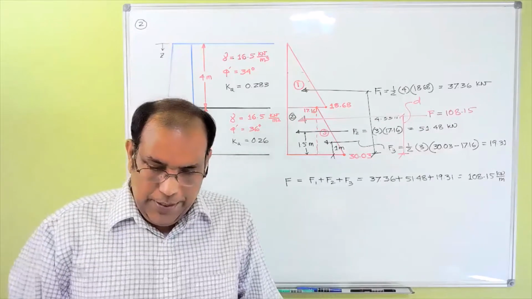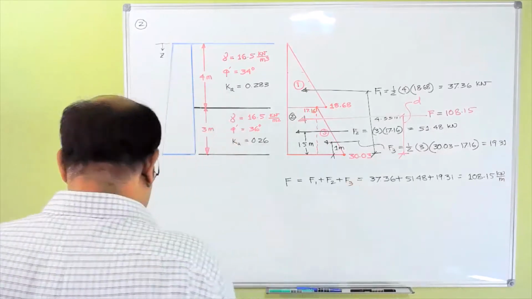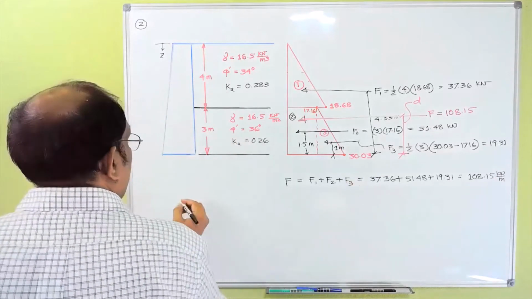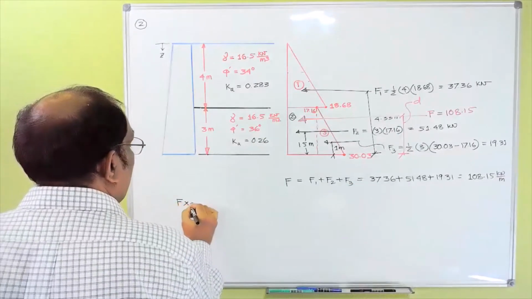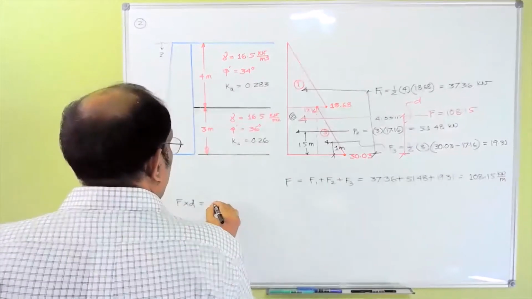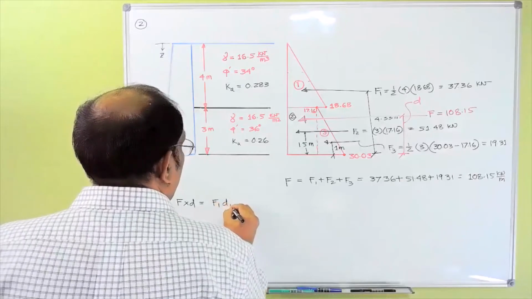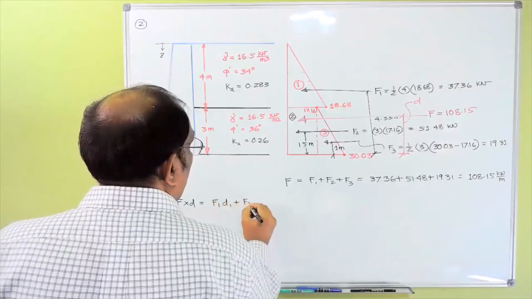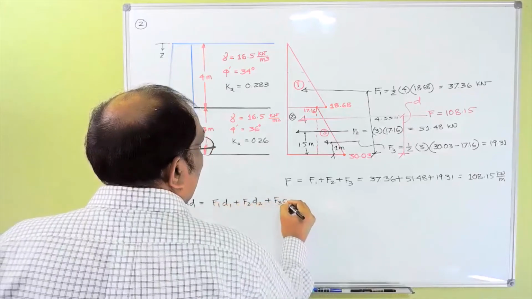So here we can see that F multiplied by D is equal to F1 D1 plus F2 D2 plus F3 D3.